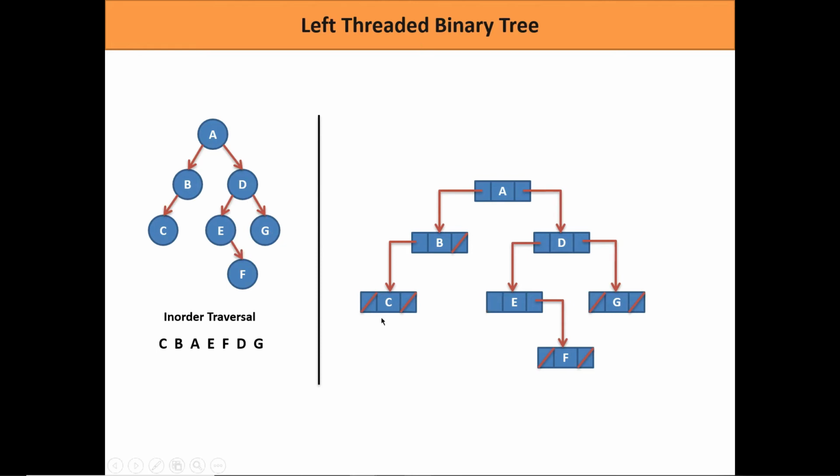So here the in-order predecessor of E is A. So we have to replace it with A, and the in-order predecessor of F is E. So we have to thread this left link with E. Now next, the left null link of G: G has in-order predecessor D. So this left link of G is threaded with D. So this is the construction of left threaded binary tree.